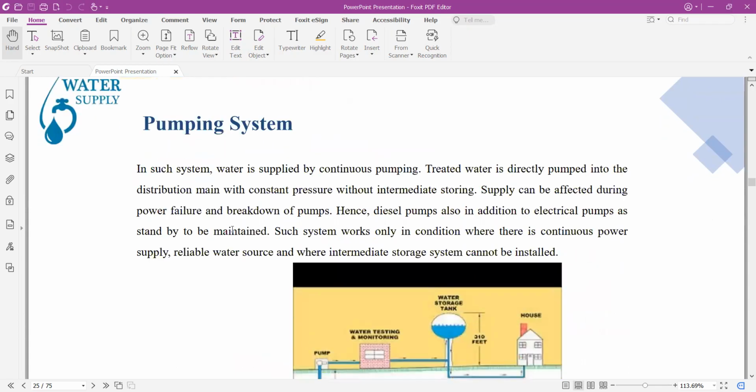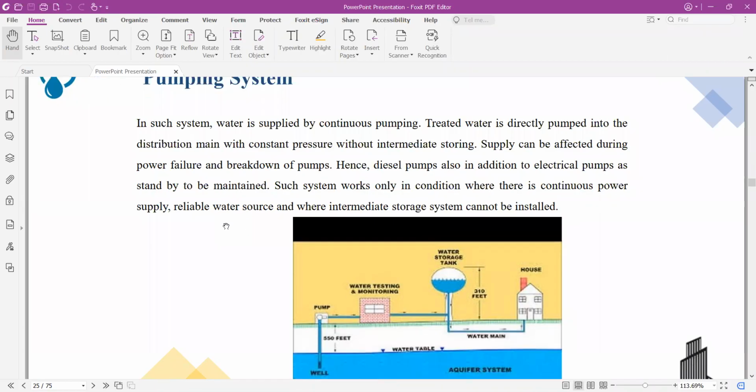Pumping system. The pumping system is mostly provided either without storage or with storage. Elevated storage is provided when there are undulated areas and there is a lack of electricity, so the pumping system with storage is provided.